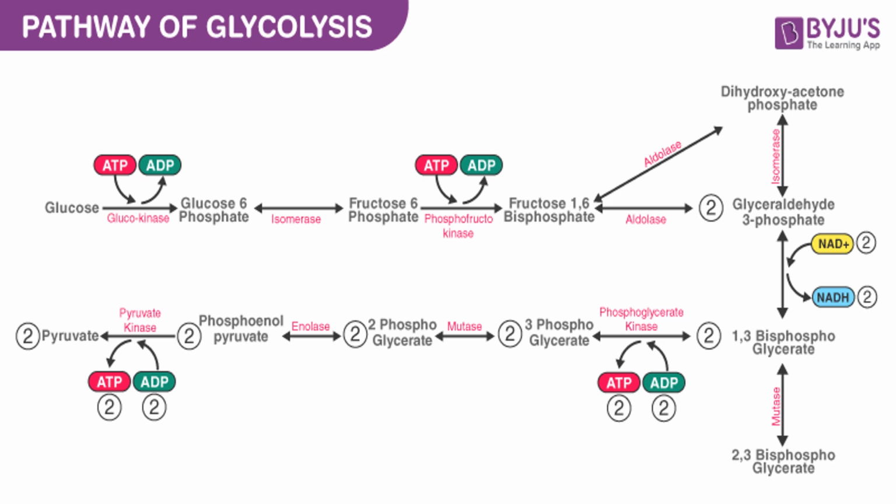Stage 4. The enzyme aldolase converts fructose 1,6-bisphosphate into glyceraldehyde 3-phosphate and dihydroxyacetone phosphate, which are isomers of each other.